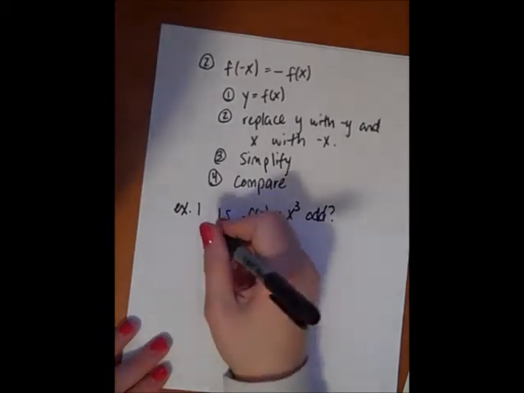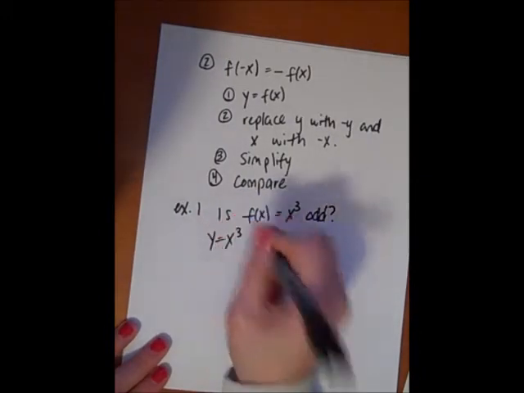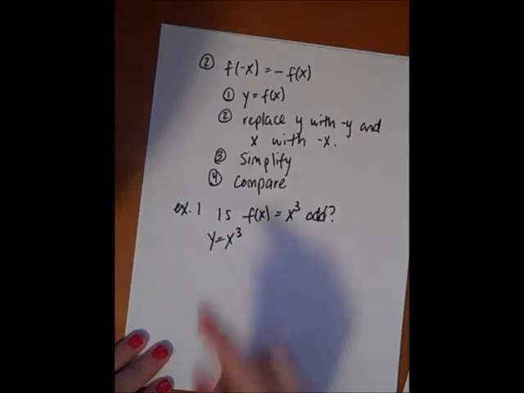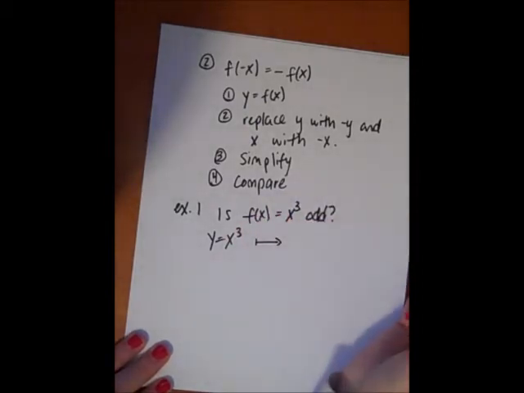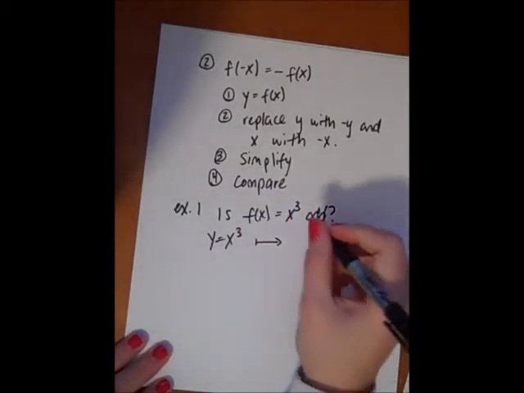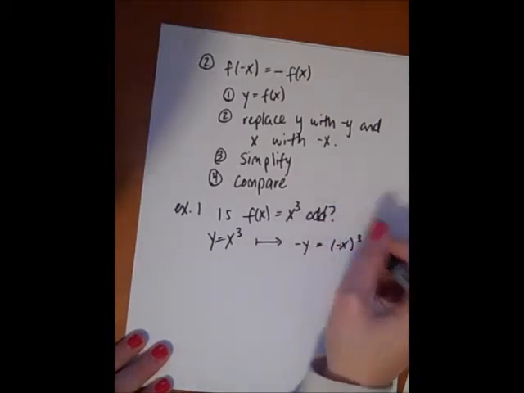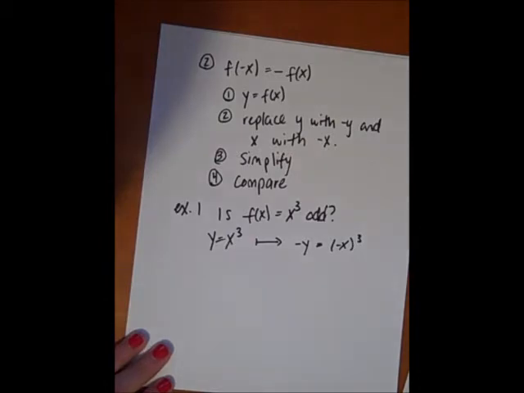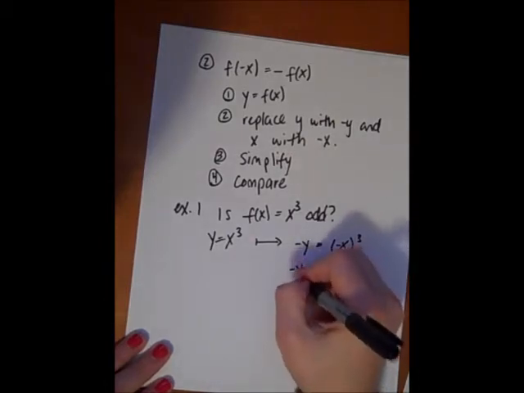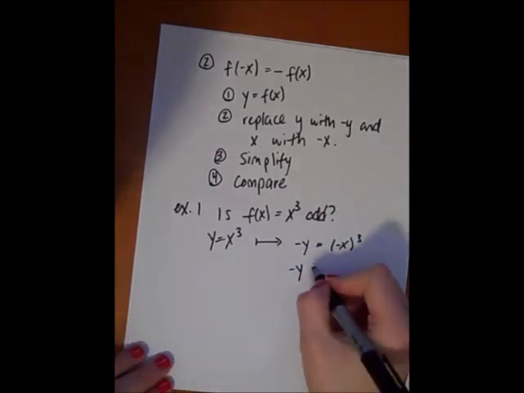So let's go through our steps. First thing, set y equal to x cubed. Now I'm going to replace x with negative x and y with negative y. So negative y equals negative x cubed. Now let's simplify. Can't really simplify negative y.